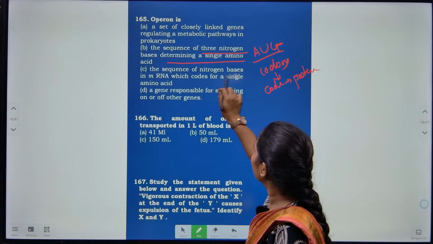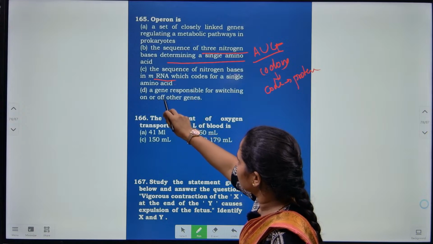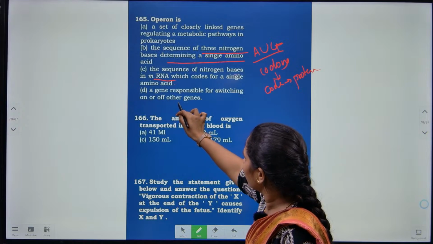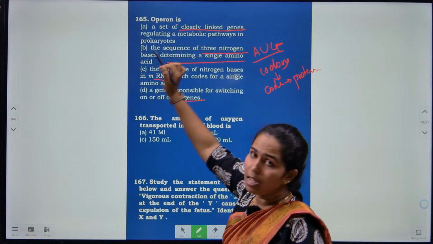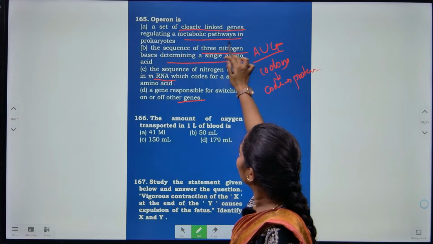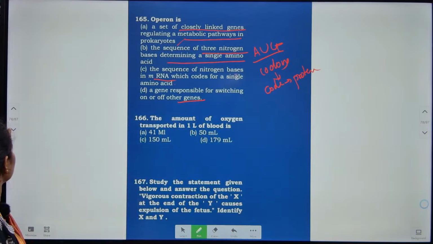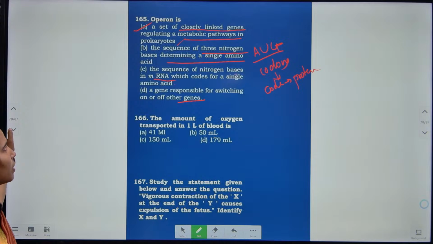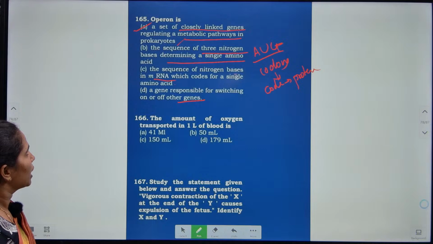Then the sequence of nitrogen bases in mRNA, messenger RNA, which codes for a single amino acid, a gene responsible for switching on or switching off of other genes, not so. So it is nothing but the set of closely linked genes regulating the metabolism pathway in the prokaryotes here, that is Jacob and Monod. Lac operon concept was given by Jacob and Monod. Operon is nothing but a set of closely linked genes here. So option A is the right answer.